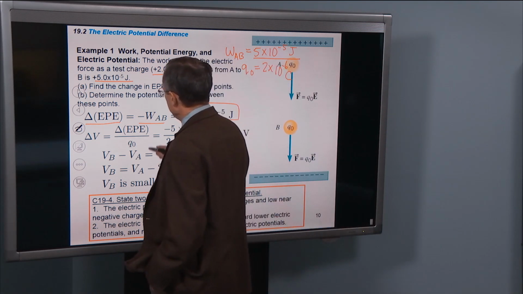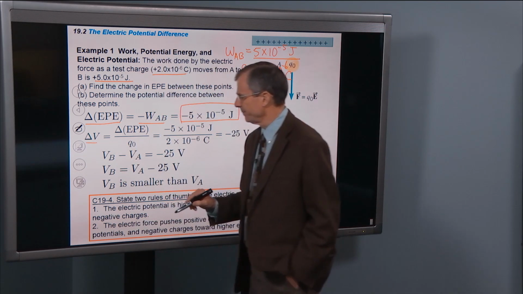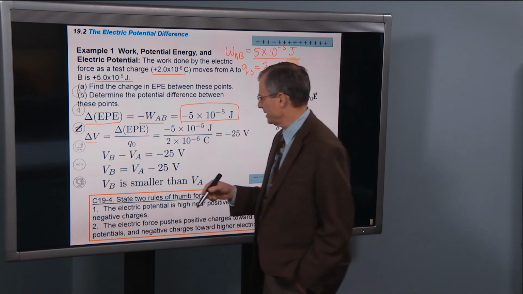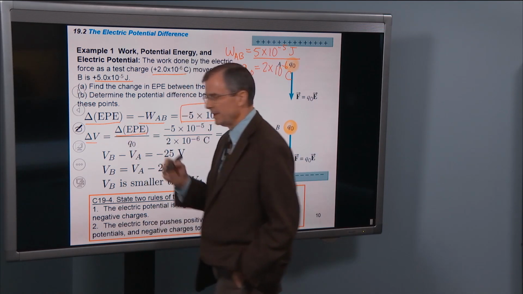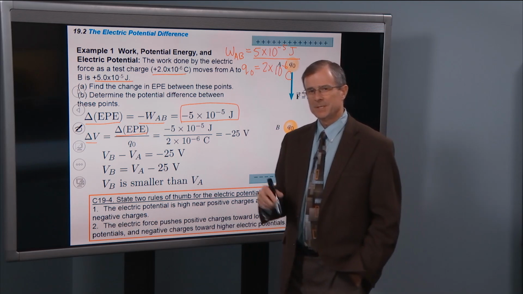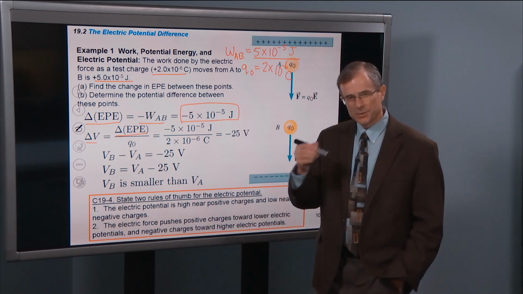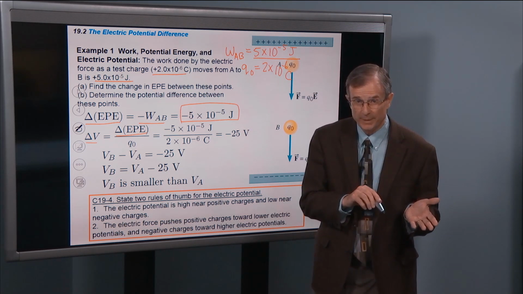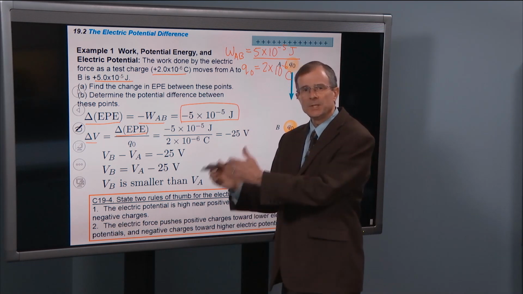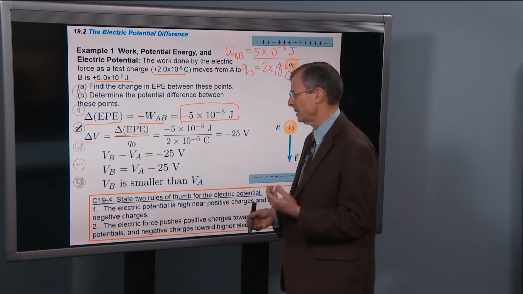Well, that potential difference is defined as the change in the electric potential energy. Well, the electric potential is equal to the electric potential energy divided by the test charge. The change in the electric potential, delta V, is equal to the change in the electric potential energy divided by Q naught, just like we talked about in the last slide.